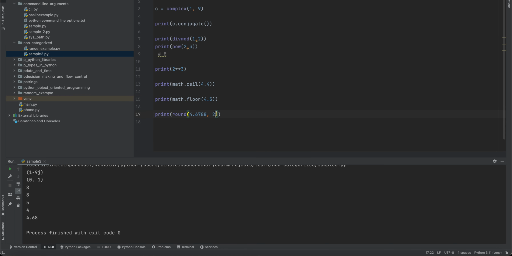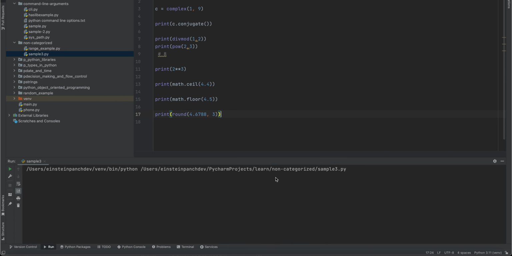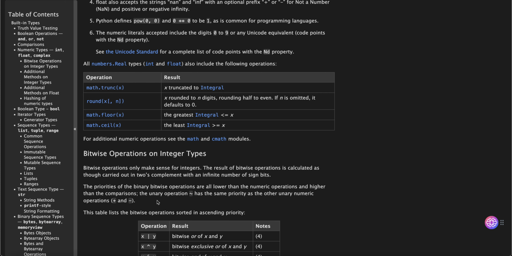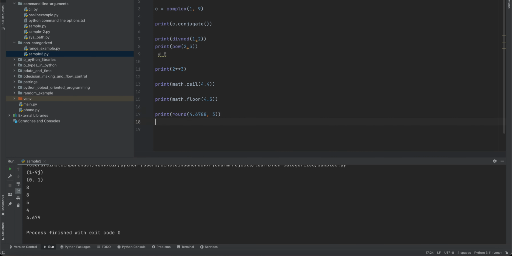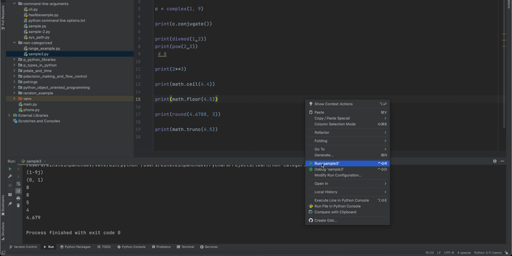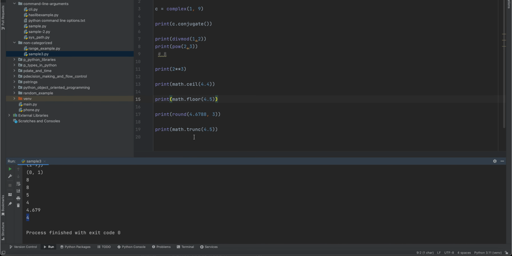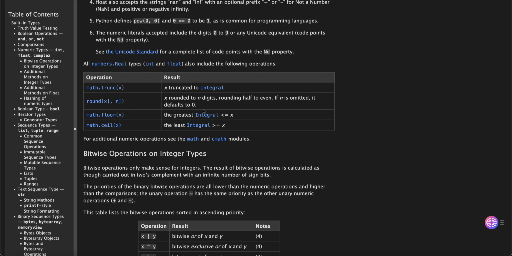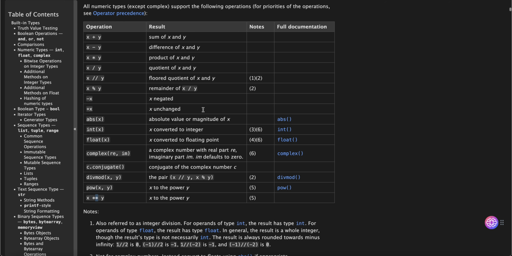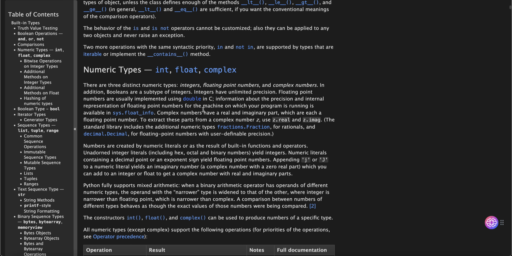And if I say 3 decimal points, that should be 4.677. Here 4.677. And math.trunc: print math.trunc of 4.5, so it will truncate, and only 4 is printed. So this was about numeric types. Thank you.